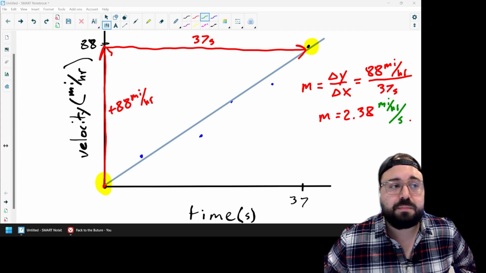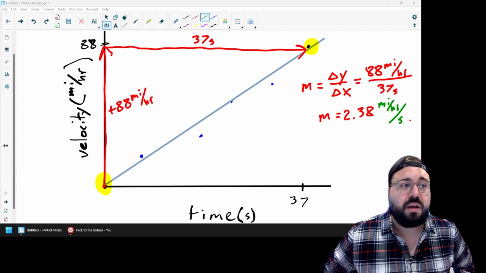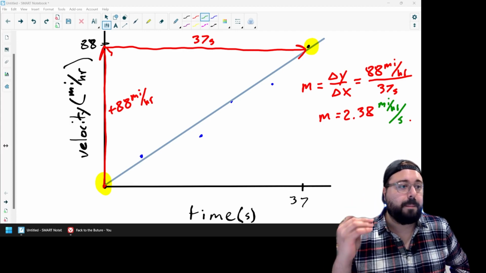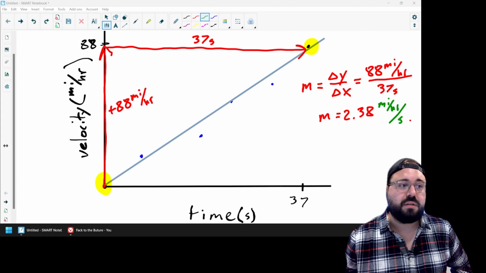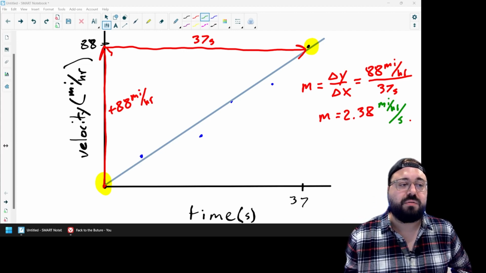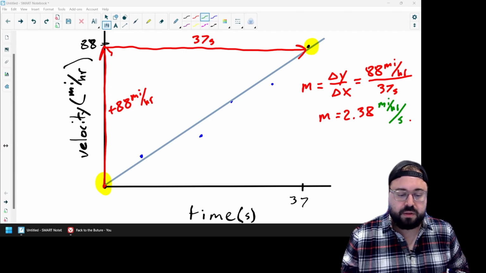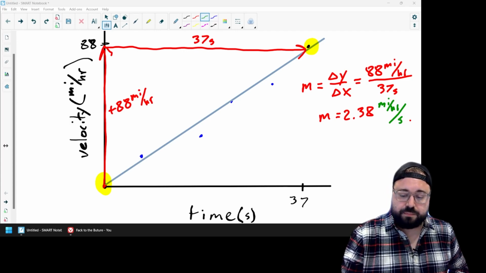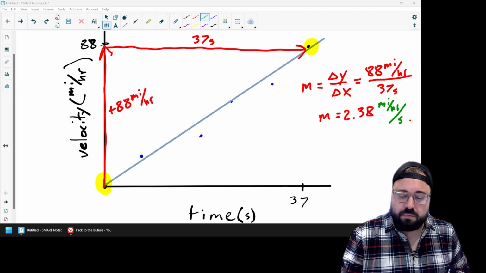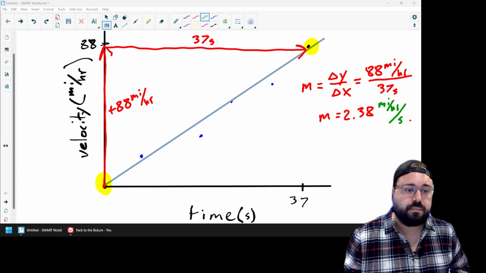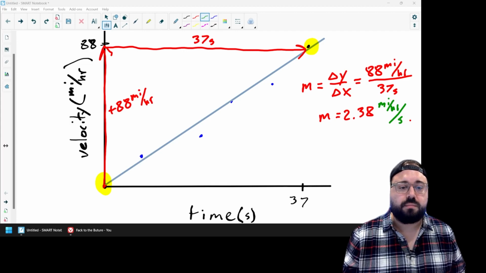This is telling us the speed of this car increases by 2.38 miles per hour per second. So again, that's 2.38 miles per hour per second. Okay, so this is the acceleration of the car. We've got a value for it.